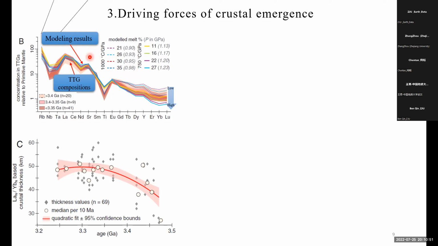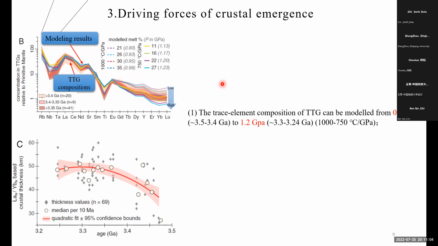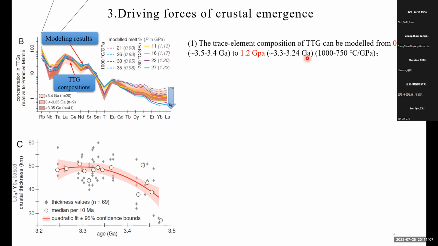They conducted genetic modeling to explore which pressure could explain the HREE depletion. The modeling results showed that the pressure increased from 0.9 to 1.2 GPa from about 3.5 to 3.2 billion years ago.